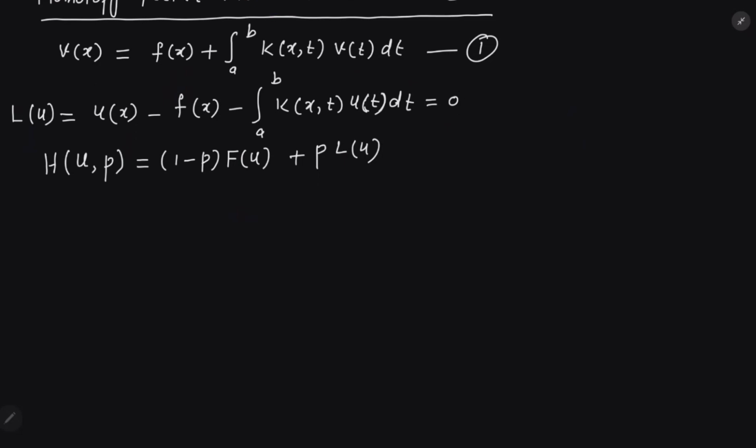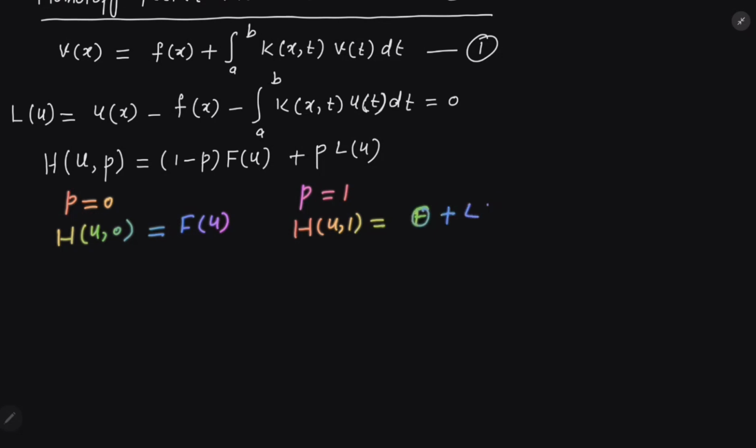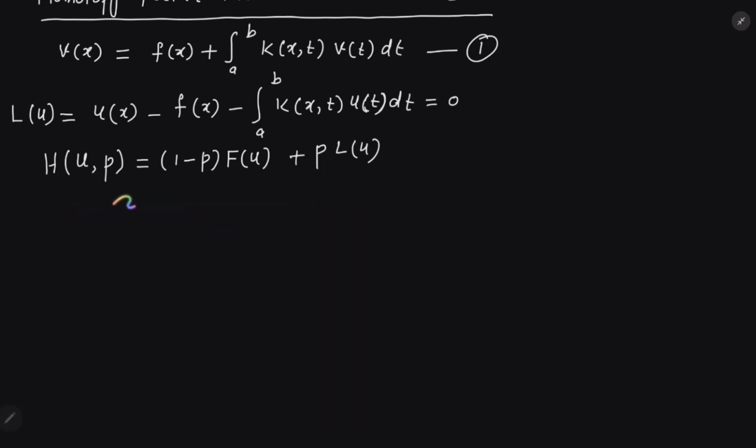When p is equal to 0, you get H(u,0) = F(u). When p is equal to 1, you can see that H is 0 plus L(u). So it means that your solution starts from p = 0, where we get u0, and then u1 and so on. When p is equal to 1, we get our solution u.